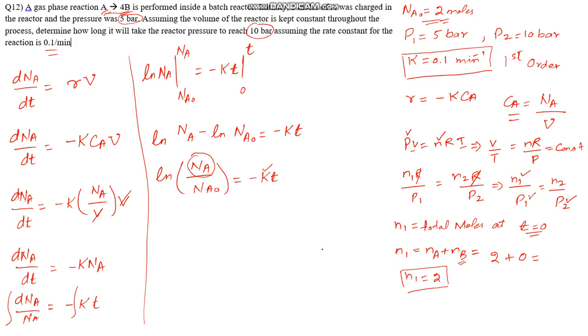But in this question we need moles of A. So for N2, N2 will be equal to Na plus Nb at any time.